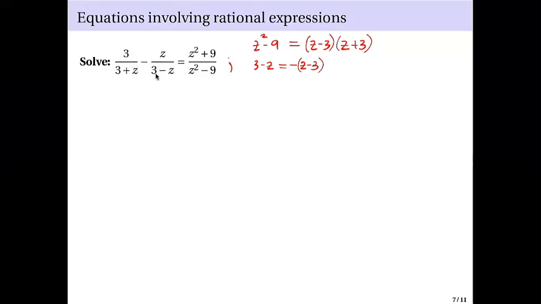So basically, this equation we can rewrite this way. This equation can be rewritten as 3 over z plus 3. You have the minus here, but 3 minus z is this one here, so this becomes plus z over z minus 3, and this is equal to z squared plus 9 over z squared minus 9.